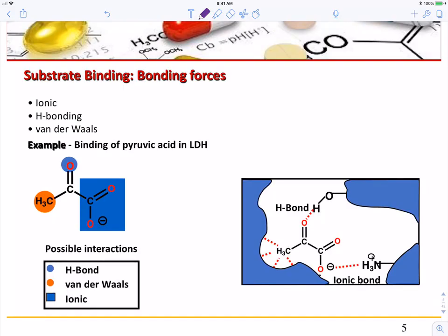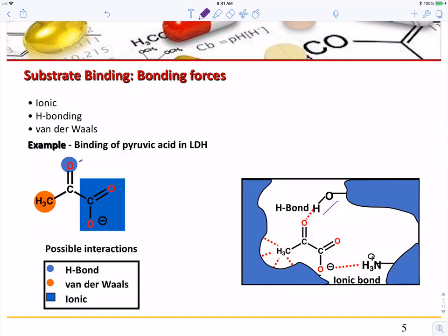Let's see. We can have ionic bonding, hydrogen bonding, and van der Waals. So if we go back to our example of pyruvic acid binding to lactate dehydrogenase, what we can see here is that we have a hydrogen bond component to the carbonyl group, and that hydrogen bond happens with an alcohol moiety in the enzyme.